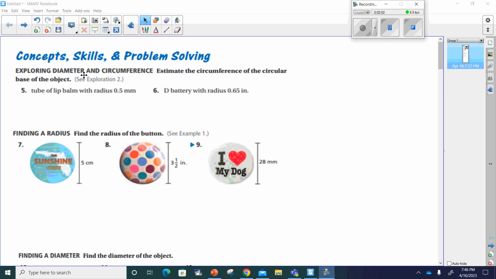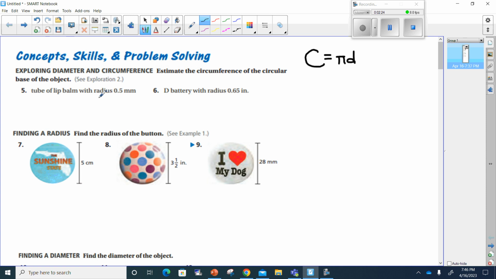All right, here it says explore the diameter and circumference, okay? Estimate the circumference of a circular base of the object. I know the formula for circumference is circumference equals pi times d, the diameter.